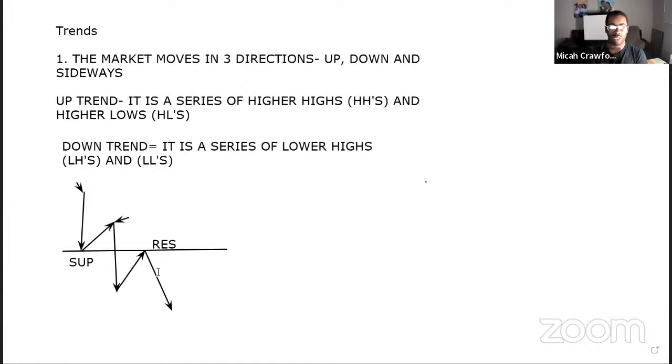Oh, I see support here. If price breaks support, I can look for price to come back and pull back, retest this area as resistance, then I can look for sales, or vice versa, right? So this is an example of a downtrend, right? Now, there's a time period when we're trading where the market is just doing this.